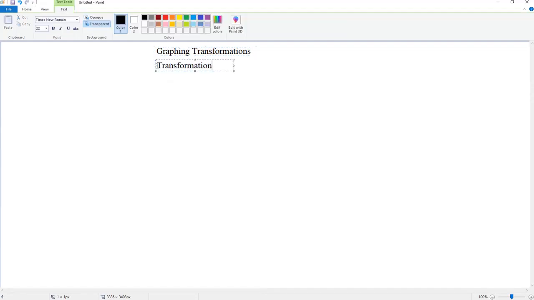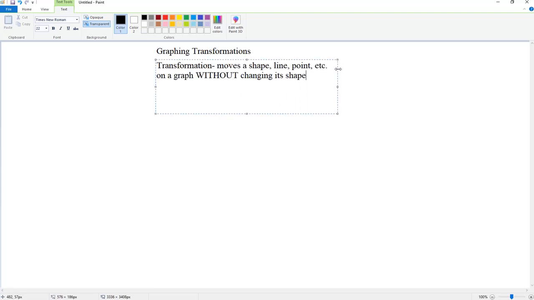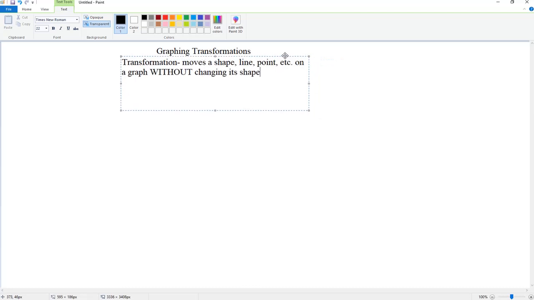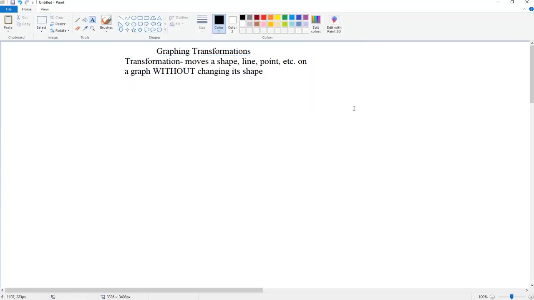A transformation moves a shape, line, point, whatever, on a graph without changing its shape. If it changes the shape, the size, or the way it looks, it is not a transformation. It is something else, and we're going to go over that later in the lesson, but for now, you're just worrying about transformations. There are three different ways to transform shapes on a graph.